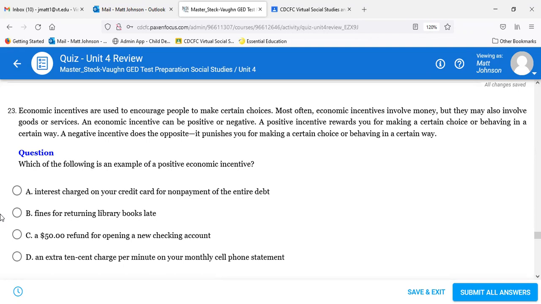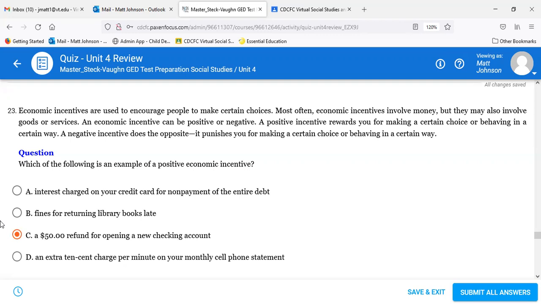B, fines for returning library books late. C, a $50 refund for opening a new checking account. D, an extra 10-cent charge per minute on your monthly cell phone statement. C. Yeah, C, right?